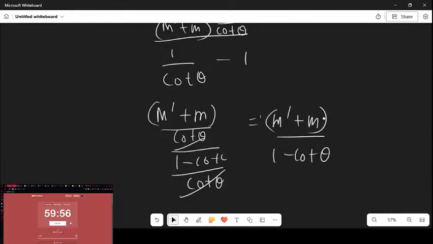I guess this is the answer. Okay, this is the answer. That's all. That's going to be the mass of M1. Nothing else.